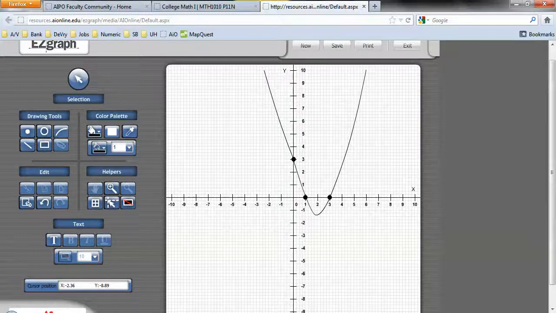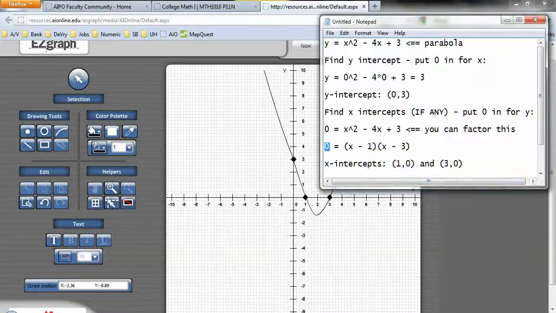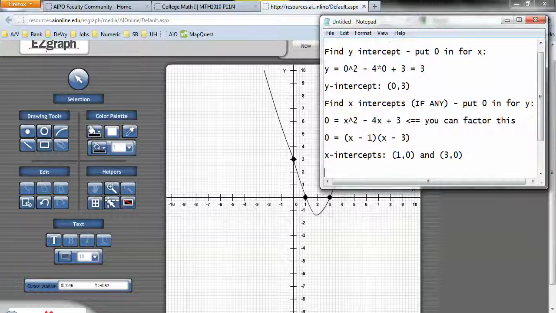Now, if we do not have two x-intercepts like we had in this equation, then what you have to do is find 3 more points. And you have to maybe find the vertex. Now, how do you find the vertex in a problem? Well, if we want to pin this vertex down, we can do it.